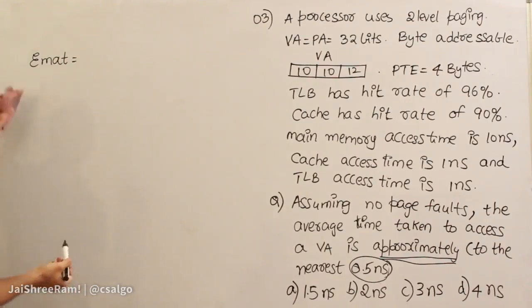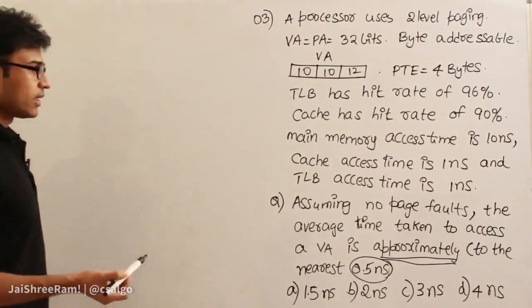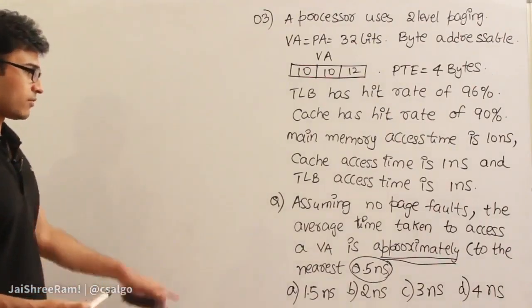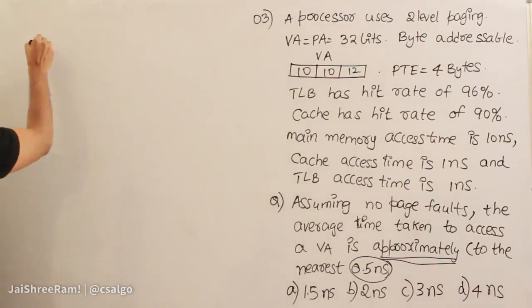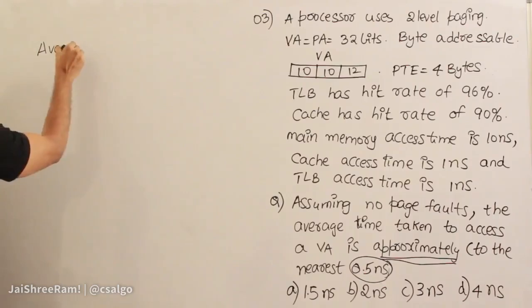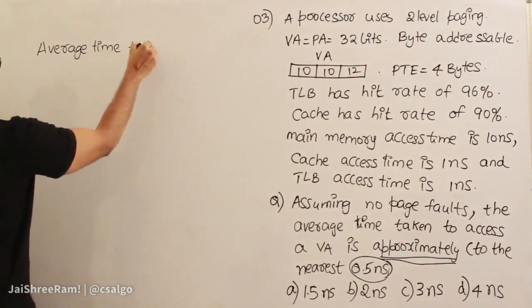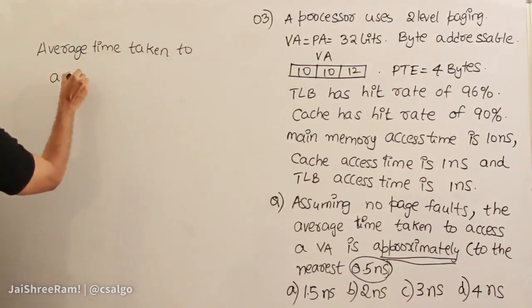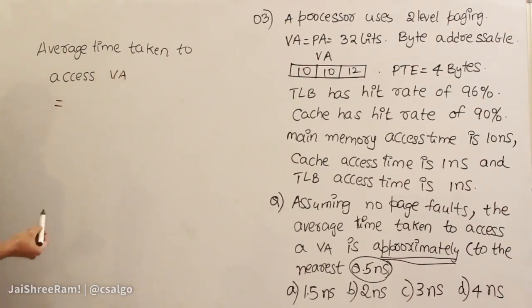Instead of calling it effective memory access time, that will be confusing, so let's take the same parameter, the average time taken to access a virtual address. How much time will it take?